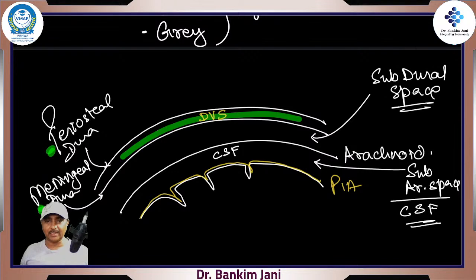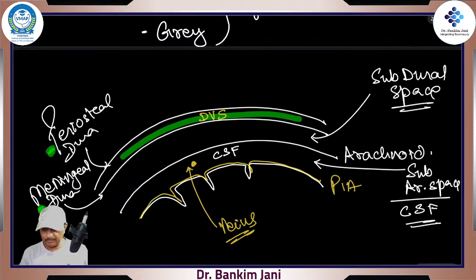So where are our superficial veins? Our superficial veins are sitting in the subarachnoid space, right? This is the space where they are sitting. Now these superficial veins pierce all the way.